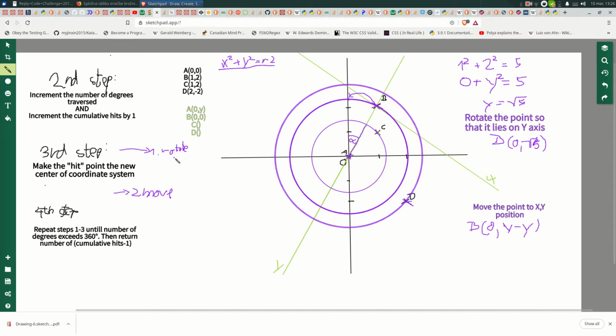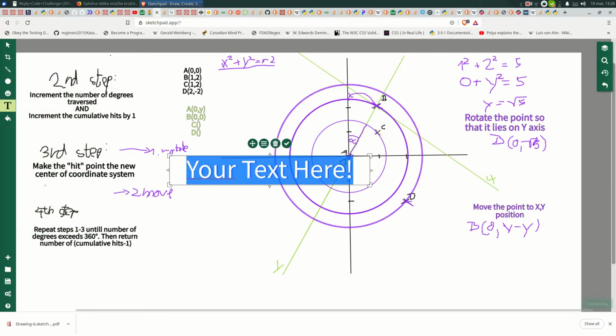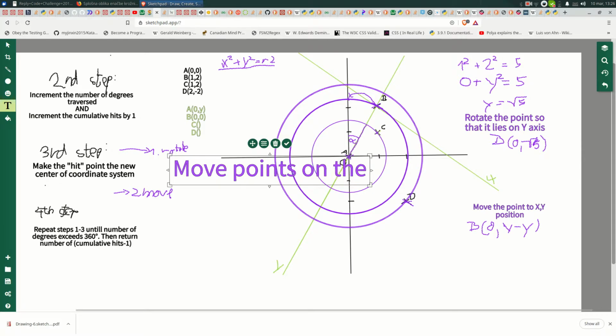So first rotate, and here we say move points on their circle for the angle A that we got on the first step.